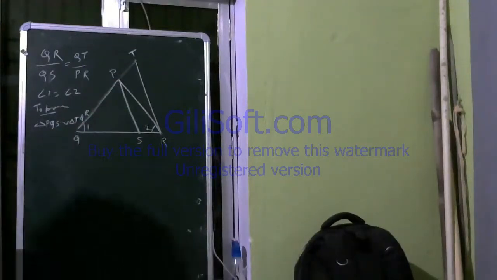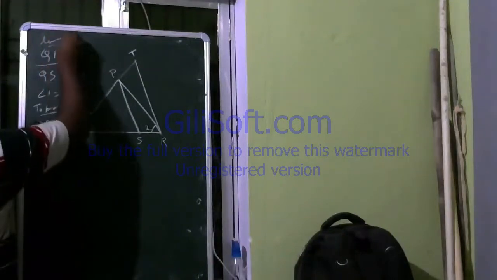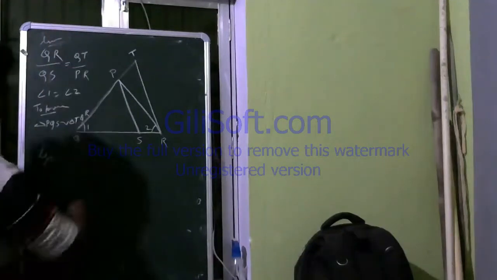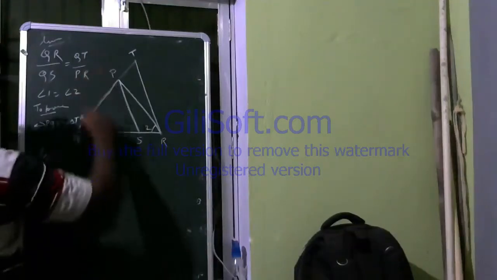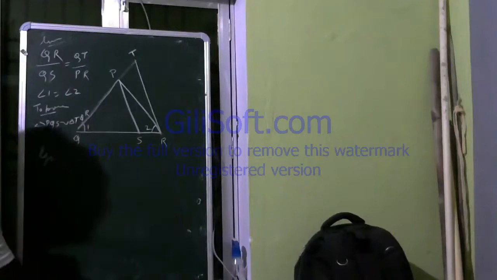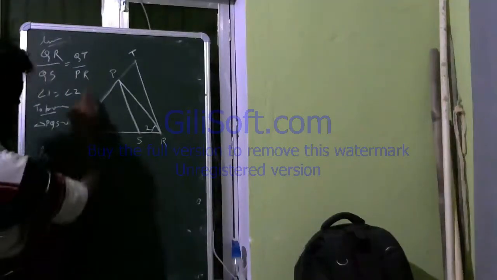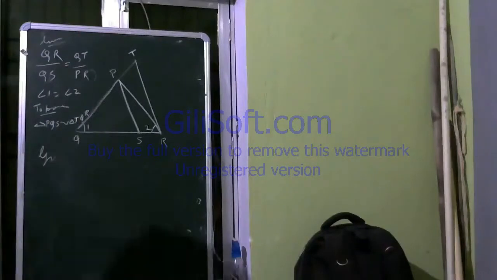It is given QR by QS and QT by PR. The most confusion is here, at PR. Now look here.